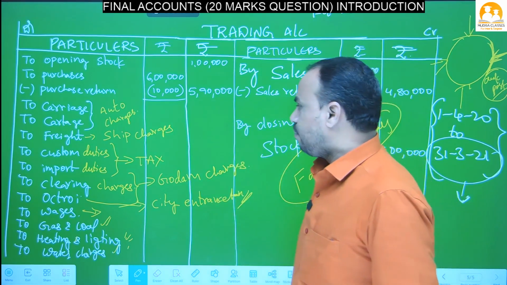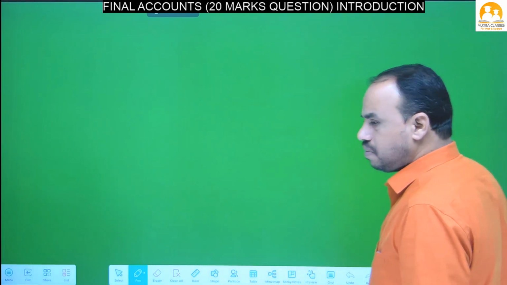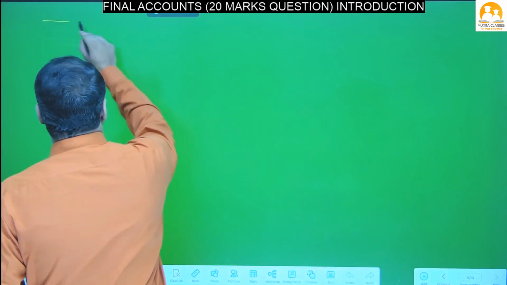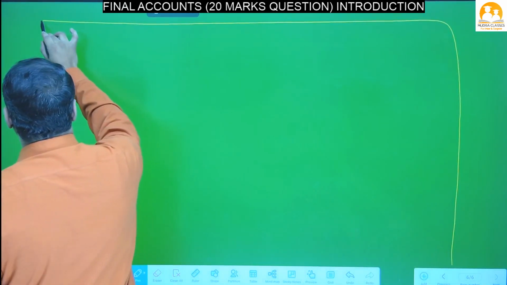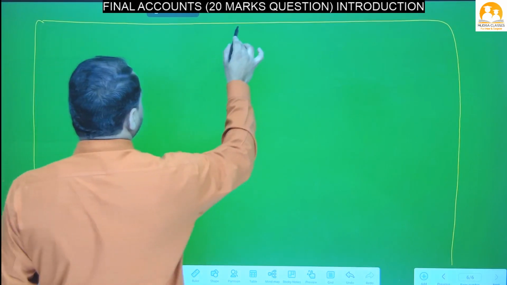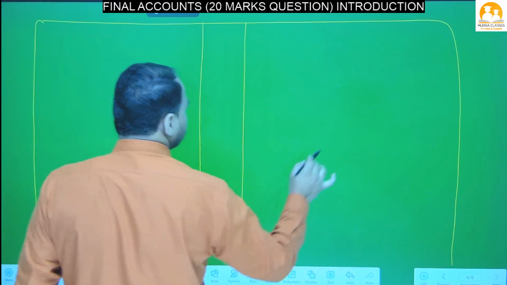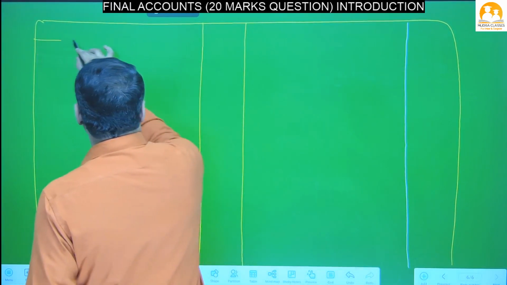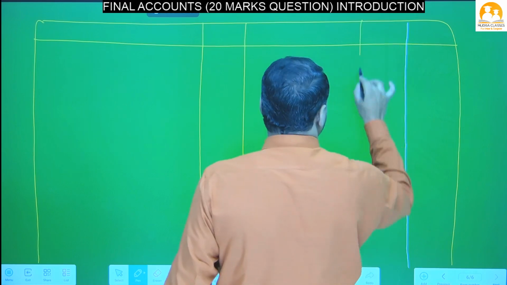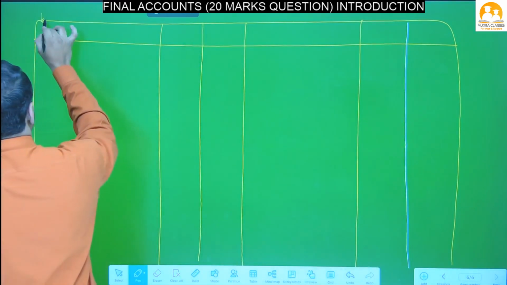Today I will explain what items will come in the profit and loss account. First of all, I will draw the profit and loss account format. This is the profit and loss account format.